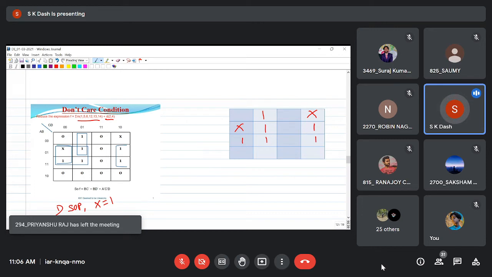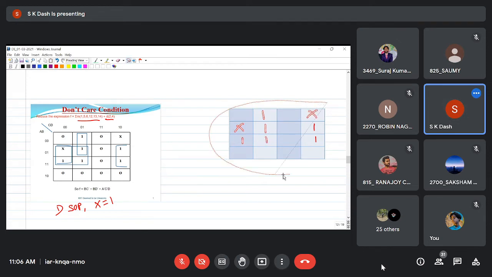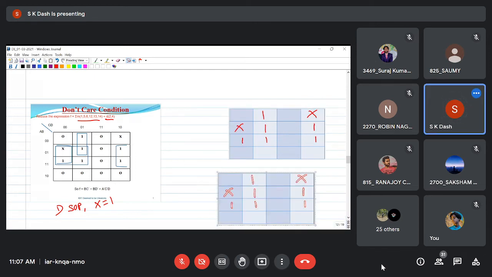Any quad possible? Yes, sir. How many quads will be possible? Two quads. Anything else? So this can be a quad, and this can be another quad. No further quads are possible.